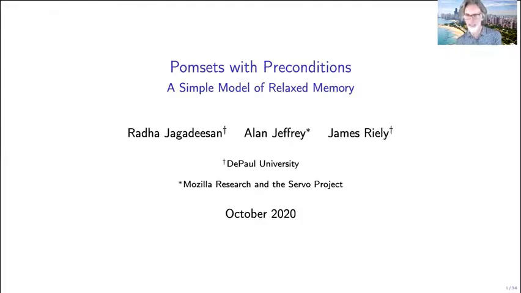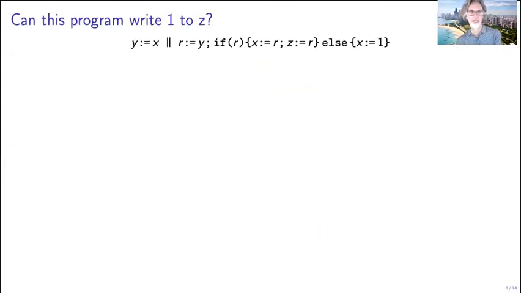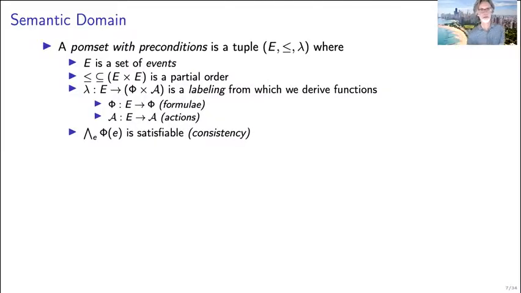If you remember right at the very beginning, when I introduced Pomsets, I said that we expect consistency. So all of the formulas must somehow be satisfiable. In order to model something like Spectre, you actually drop that requirement, so you allow incompatible worlds.